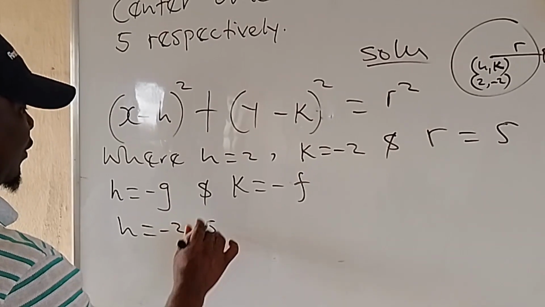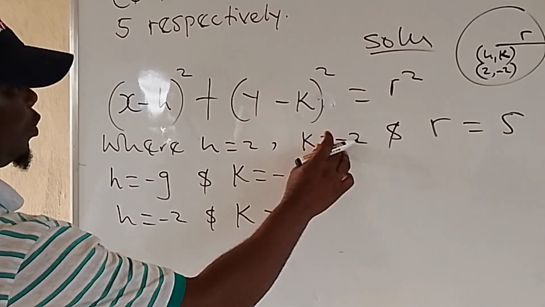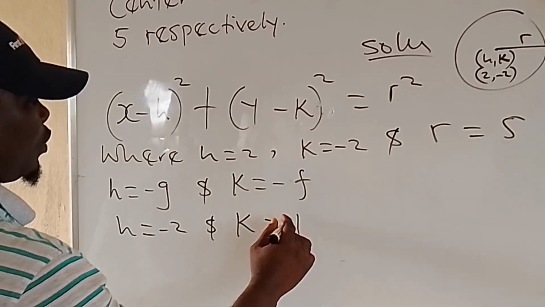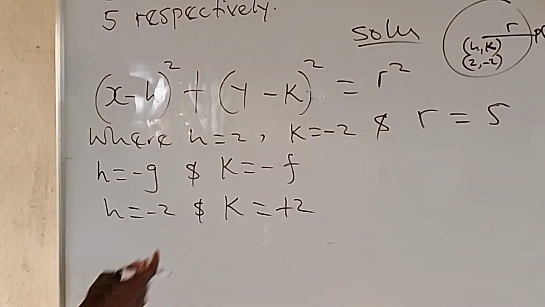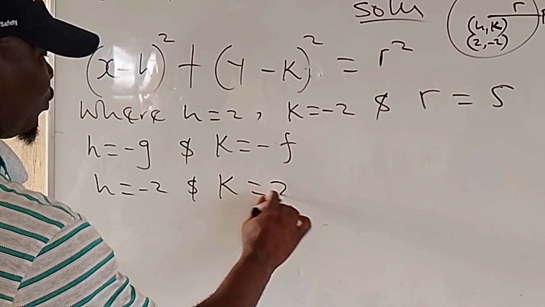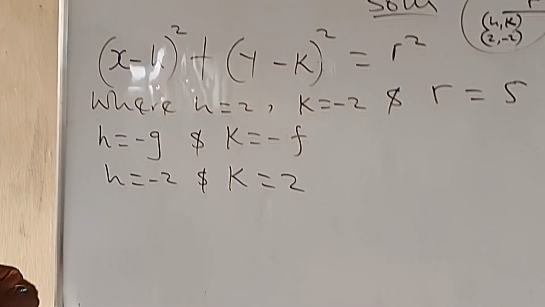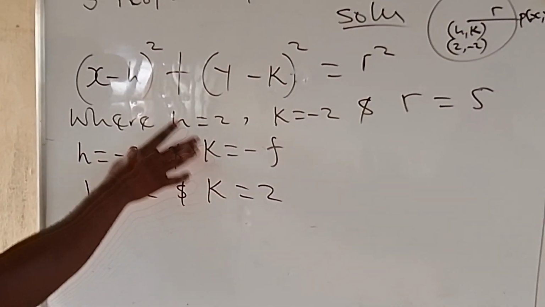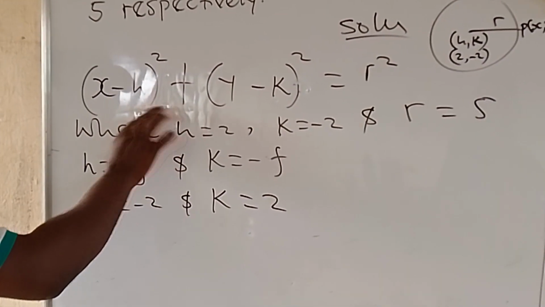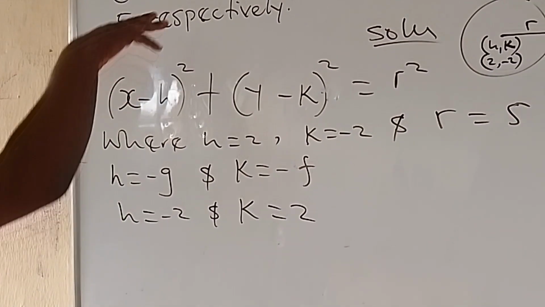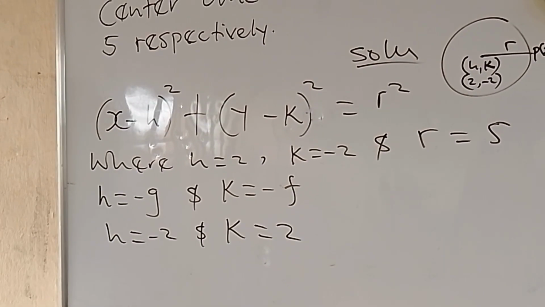And k here will be minus 2 times minus, so k will be plus 2. So k will be plus 2, while h will be minus 2. So we are going to substitute this into the general form of the equation of a circle to obtain the equation of the circle.